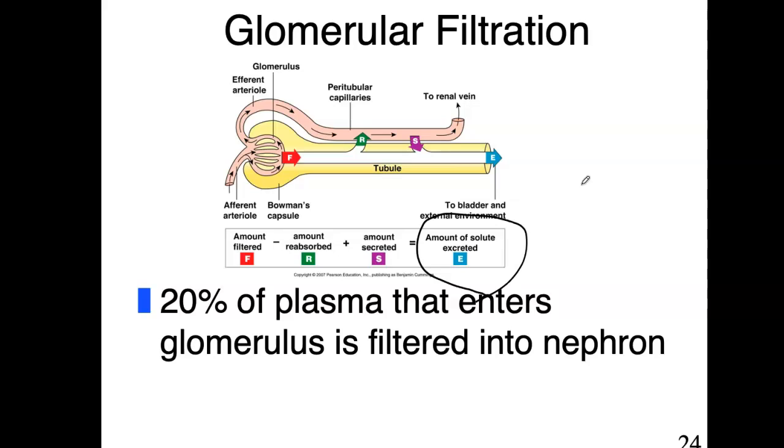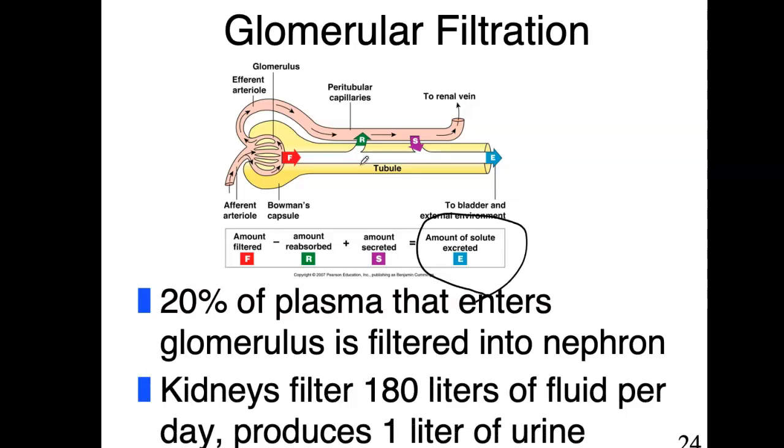So think of this, 20% of the plasma that enters the glomerulus is filtered into the nephron. So there's only 20% gets filtered. The rest is just going to keep going and go around the peritubular capillaries, go back into the right heart, get moved around, and maybe on the next round, a different 20% is going to get filtered out. So how much is that in volume?